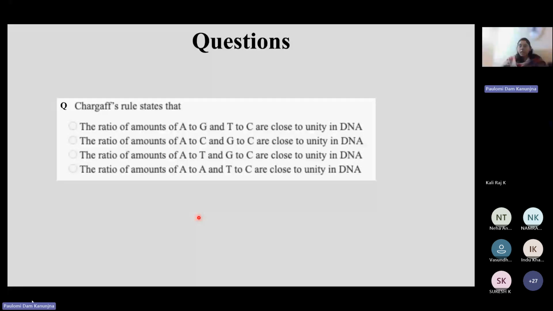So I hope this gives you an idea what kind of questions come. Now remember, MCQs in the final exam will definitely be over the syllabus, all parts of it, but having these question banks helps you. Yes, three, as most of you are guessing.